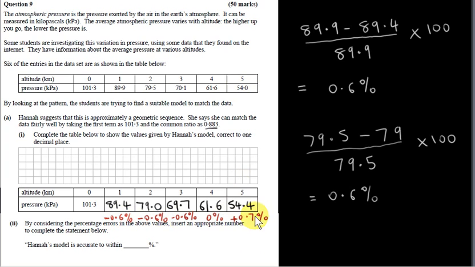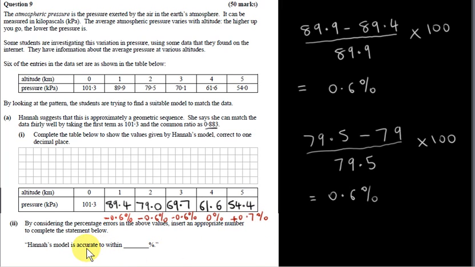But we can see that all these values lie within a certain range. They actually lie between, say, minus 1% and plus 1%. Or we could say they lie within 0.7%. We could say they all lie between minus 0.7% and plus 0.7%.